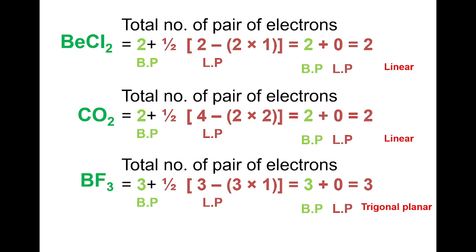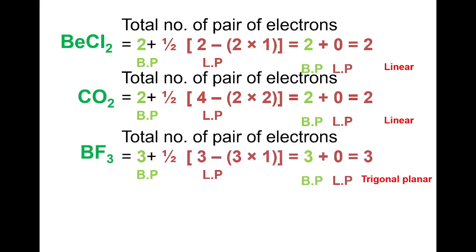Carbon has atomic number 6, 2 plus 4, so 4 is the outermost electron of carbon. Similarly, 3 is the outermost electron of boron and 2 is the outermost electron of beryllium.